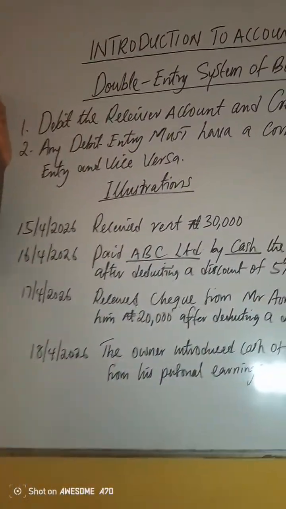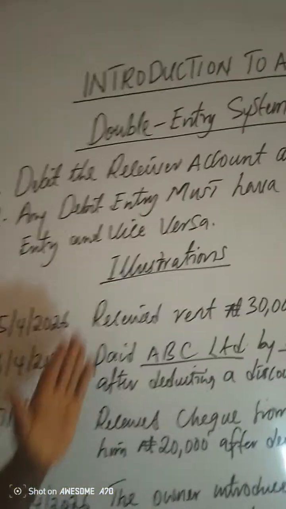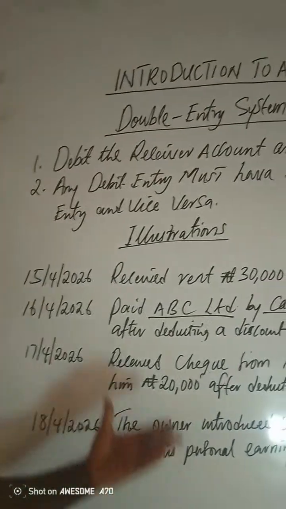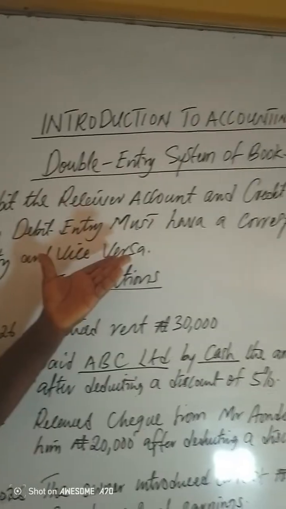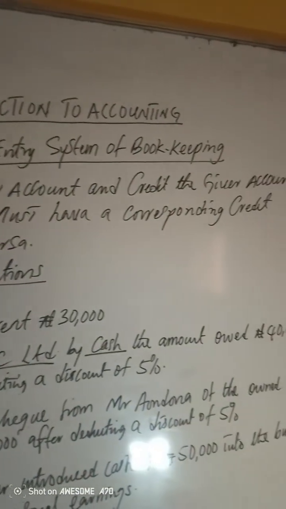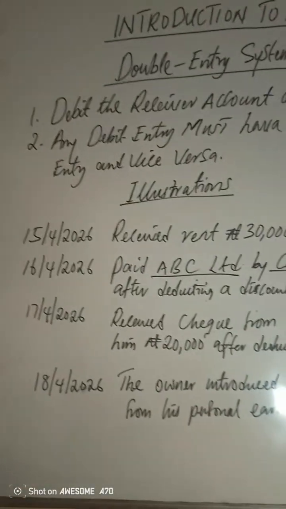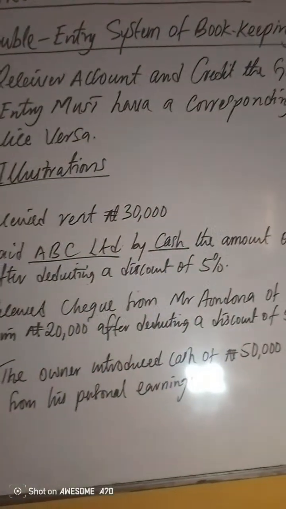In today's video, we are going to continue from posting of transactions into ledger using the principles of double entry, under the topic Introduction to Accounting Double Entry System of Bookkeeping. We are going to continue this illustration.